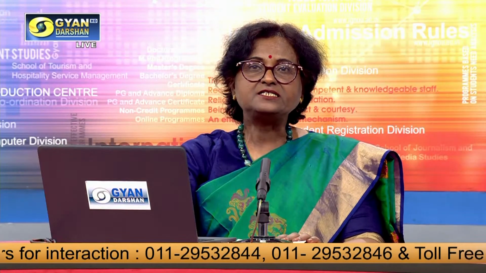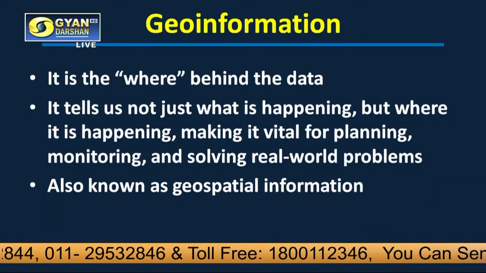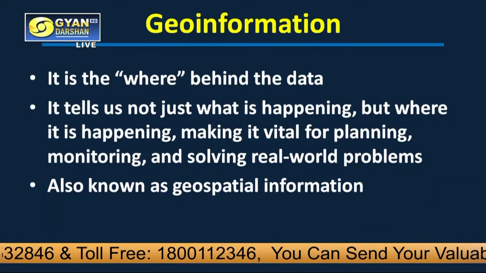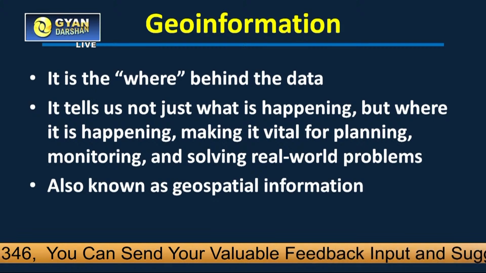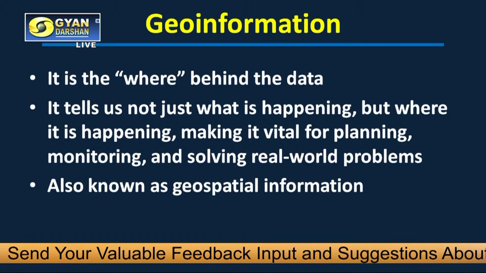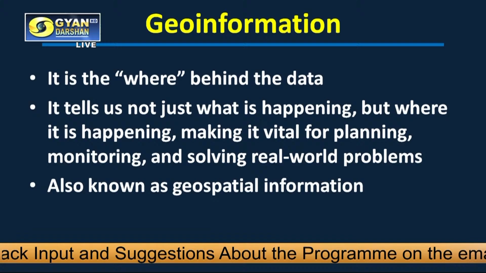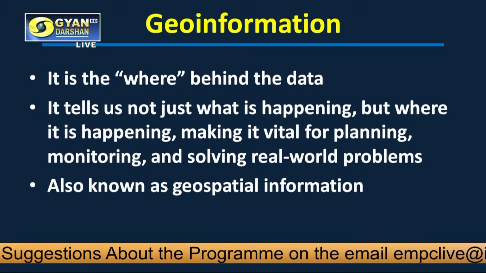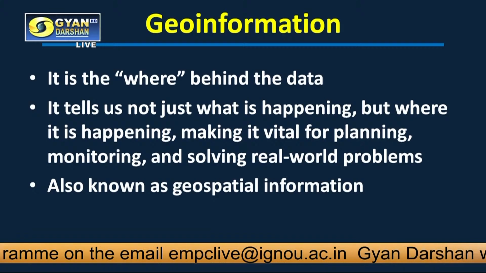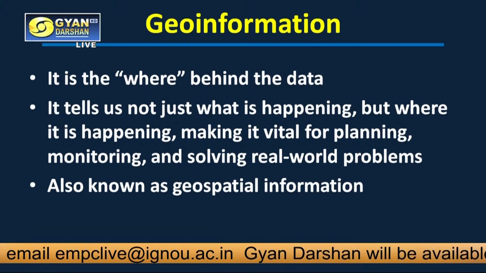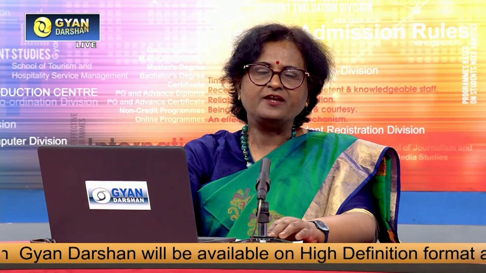It tells us not just what is happening, it also tells us where the data has been taken from. This is crucial for planning, monitoring, and solving real world problems. And this is also known as geospatial information.